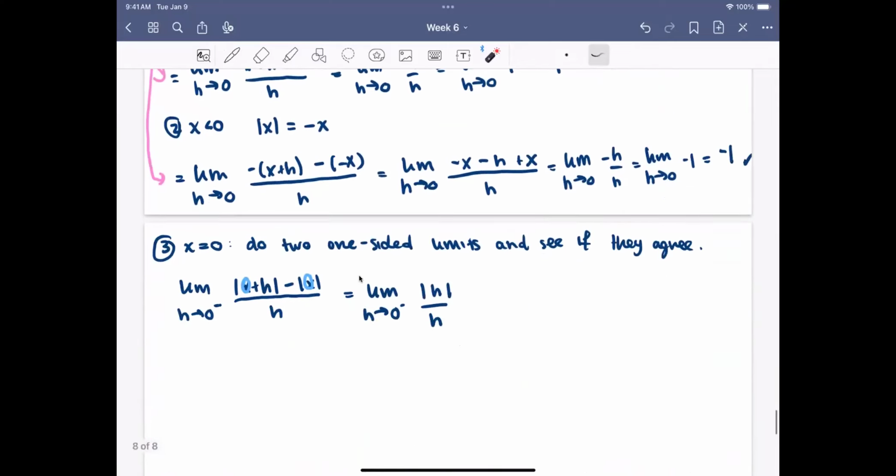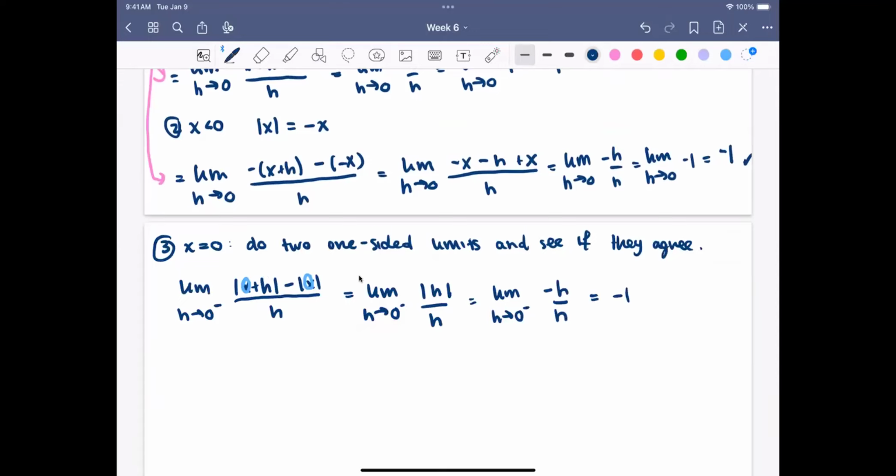Okay, so we're computing this limit from the left. My values of h are coming from the negative numbers, so that means that the absolute value of h is going to be equal to negative h. And so again, for this limit, we get -1.